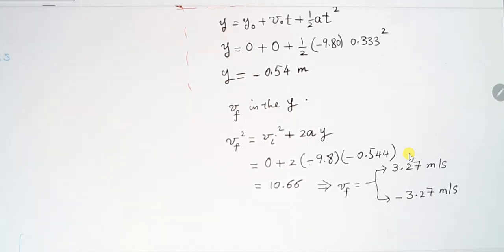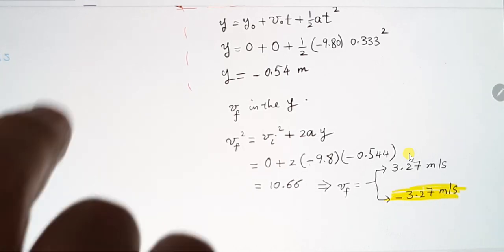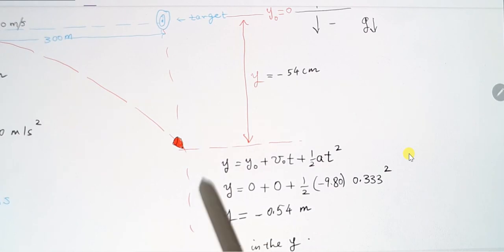Which is the answer, minus or plus? Of course, it's a minus, because now the bullet is going downward, so it's a minus.